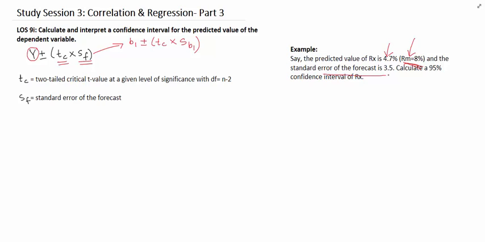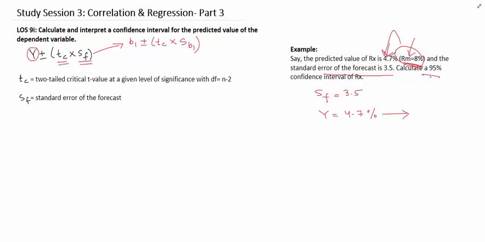Further, the question says that the standard error of the forecast is 3.5. So basically, Sf is 3.5, and given the value of the independent variable, we have already calculated the value of the dependent variable as 4.7%. This we did in the last LOS.